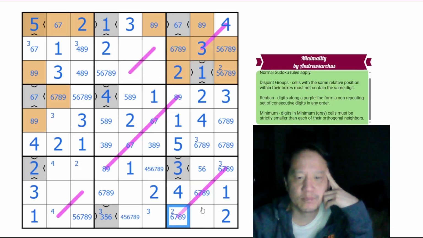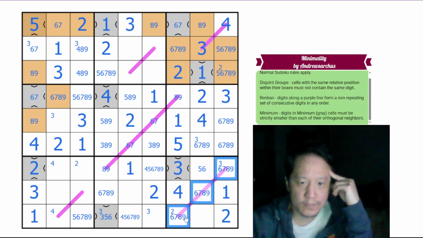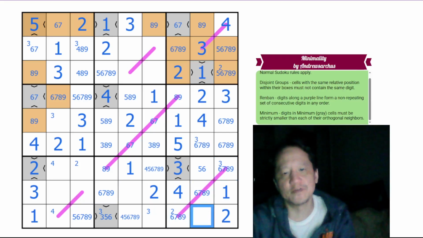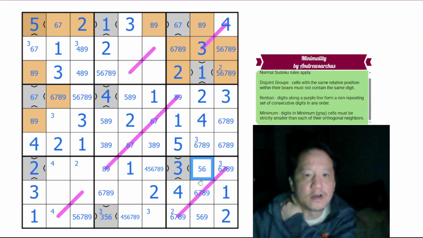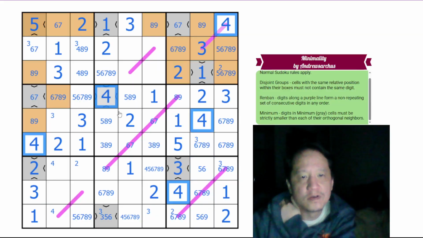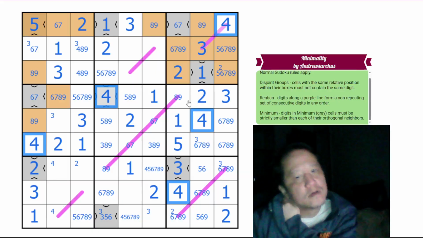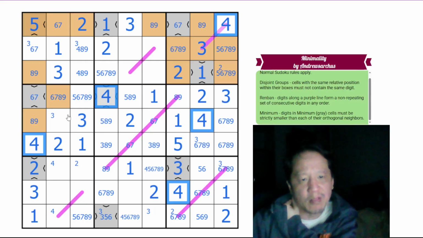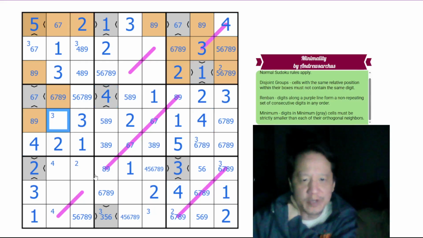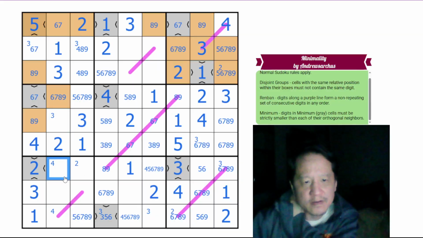Huh. So this cannot be 7 or 8, so it's 5, 6, or 9. One of these two was a 5. Okay, this all looks actually kosher. Blah. I was hoping it wasn't. That's the thing.